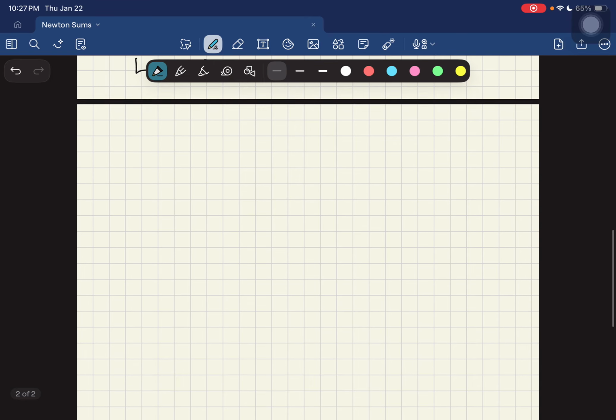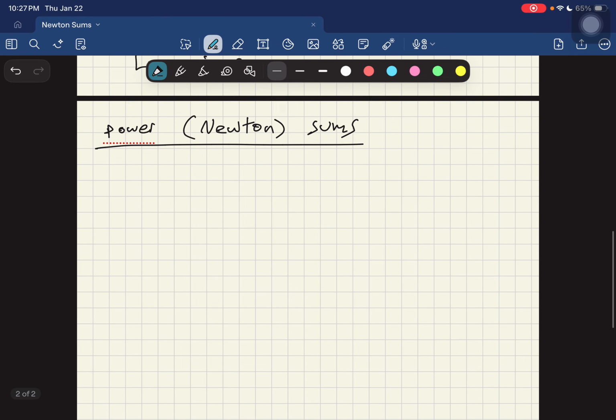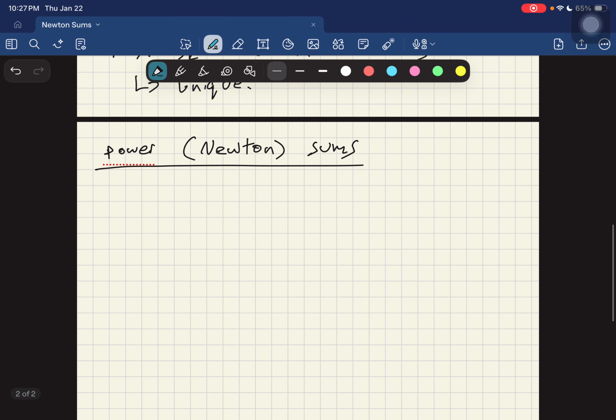So now we can talk about power sums. Power sums are also known as Newton sums, hence the name of the lesson. Power sums can essentially be defined as this.